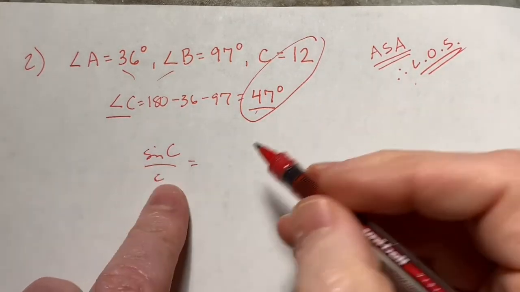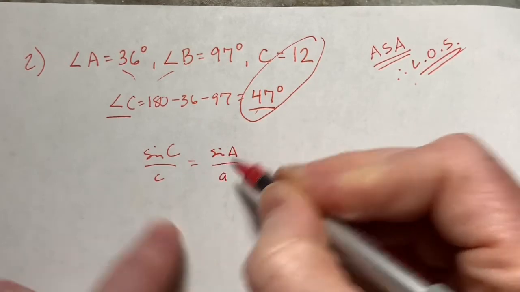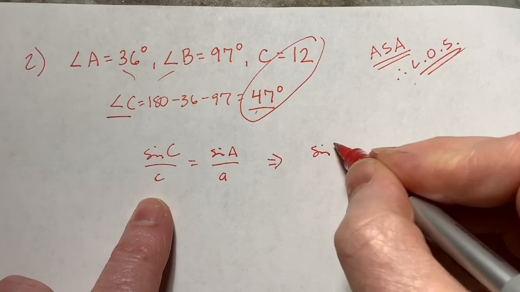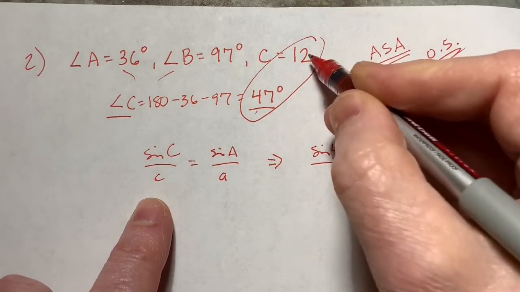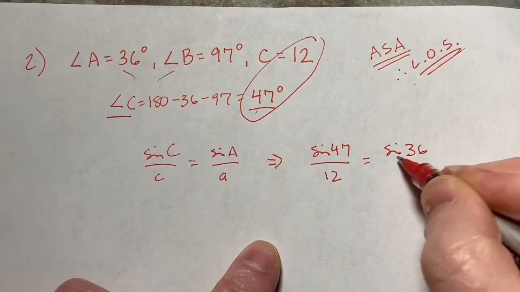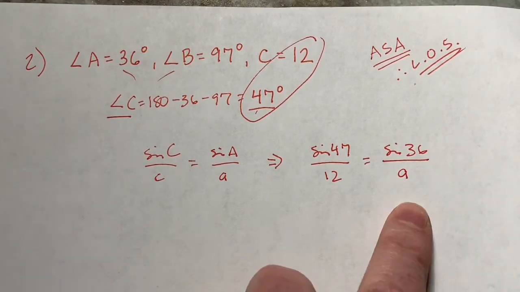I can use whatever. So I'm going to start with angle A and go sine of A over A, and I'm just going to plug everything in. You do not have to write that step. You could jump straight to the sine of 47 over 12 equals the sine of 36 over the A that I do not know. And at this point, what do you do?